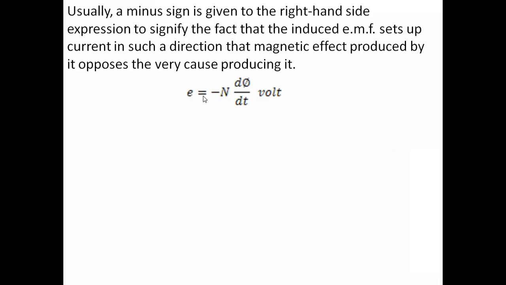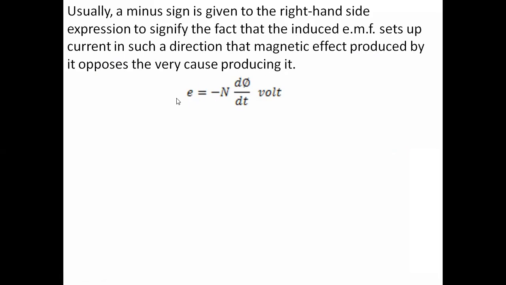Here we will have one negative sign, because the induced EMF sets up current in such a direction that the magnetic effect produced by it opposes the very cause producing it.